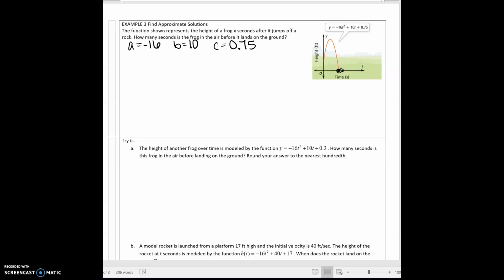So again, remember, the quadratic formula is -b plus or minus the square root of b squared minus 4ac all over 2 times a.